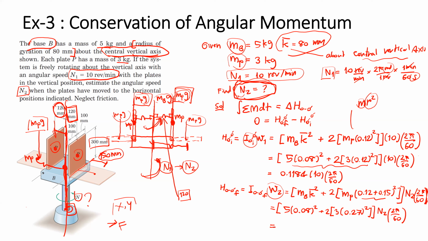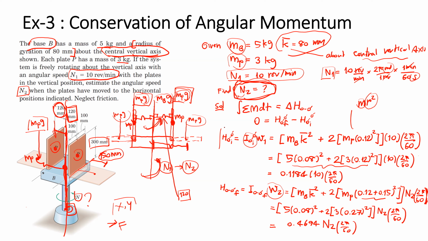The numerical value in the parentheses is 0.4694 multiplied by N2 and the conversion factor.